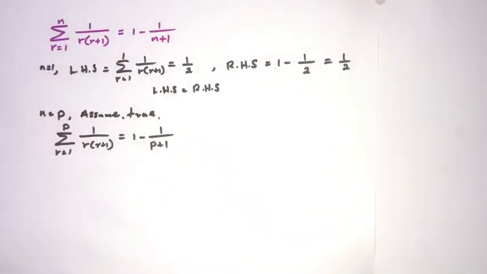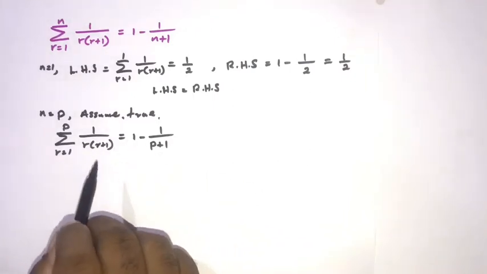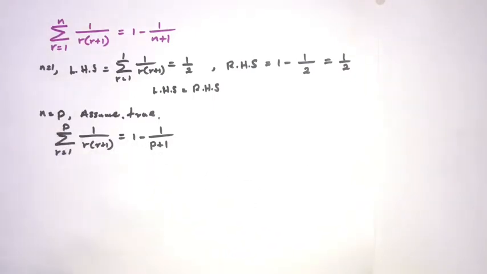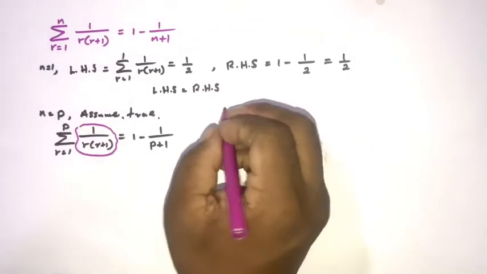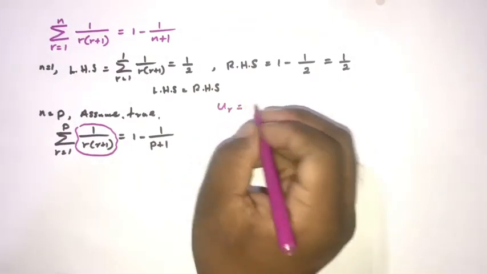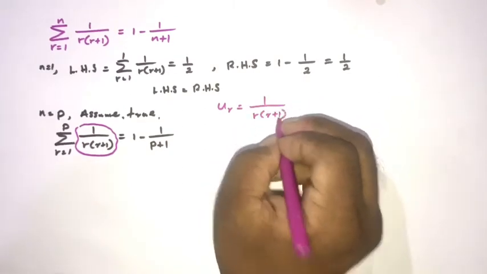The final step: we should prove this expression is true when n is equal to p plus 1. To prove this step, first I am going to take this term and call it u_r, so u_r is equal to 1 over r plus 1.